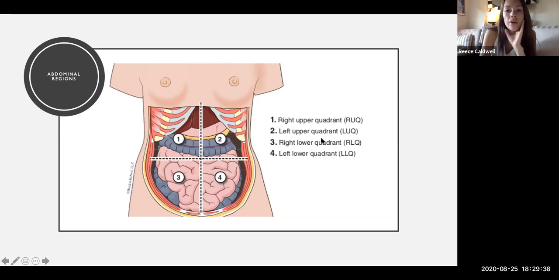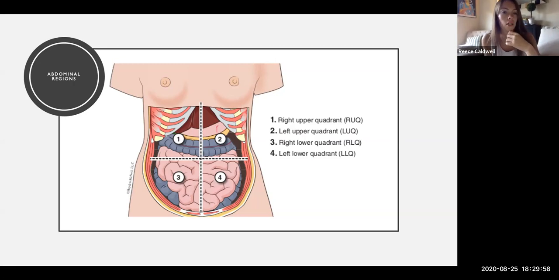So we have the right upper quadrant. This is important. Whenever we're looking at right and left for the human body, it's for the patient, not from your point of view. It's hard to do over Zoom because I don't know if it inverts my camera. So my left is not the patient's left, that's their right.